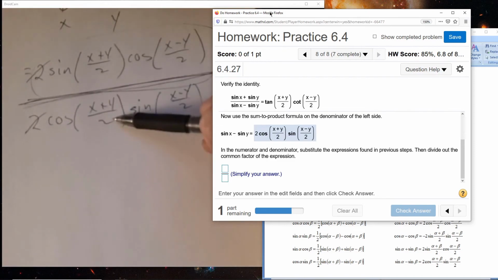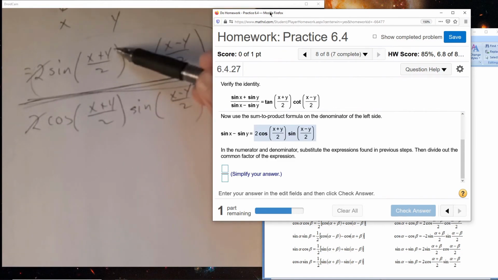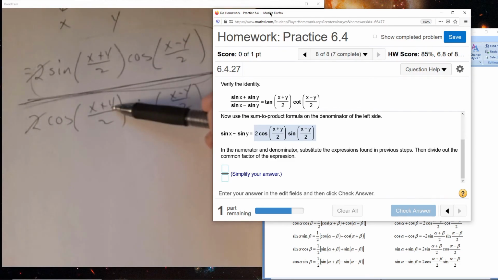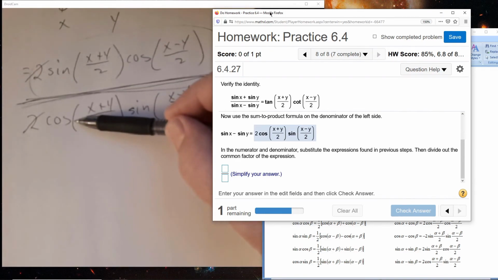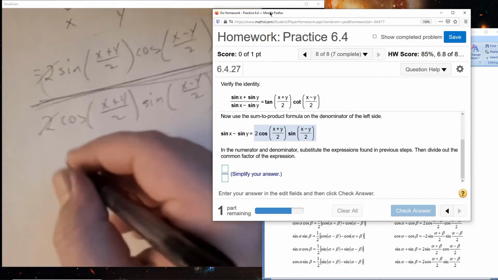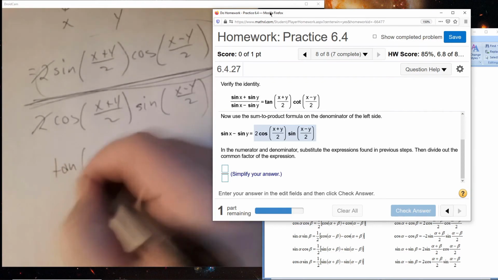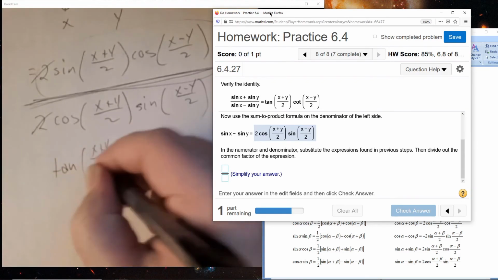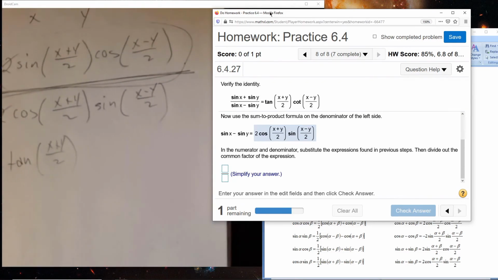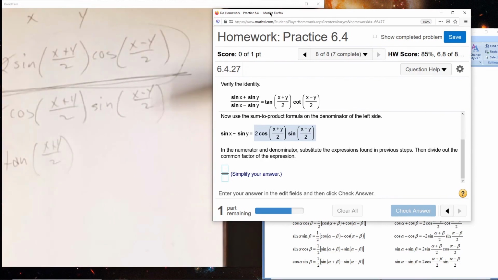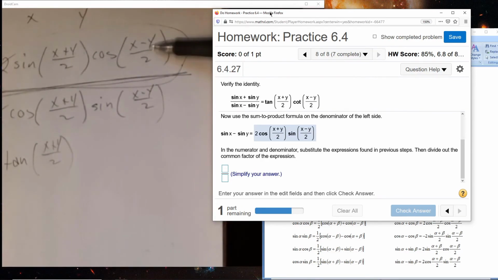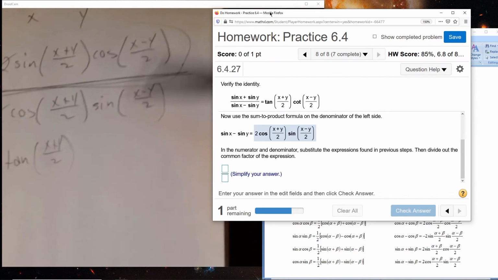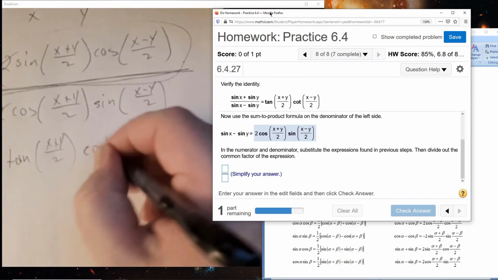These arguments are the same. They're both x plus y divided by 2. And sine over cosine is tangent. Likewise, same arguments, x minus y over 2. And cosine divided by sine is cotangent.